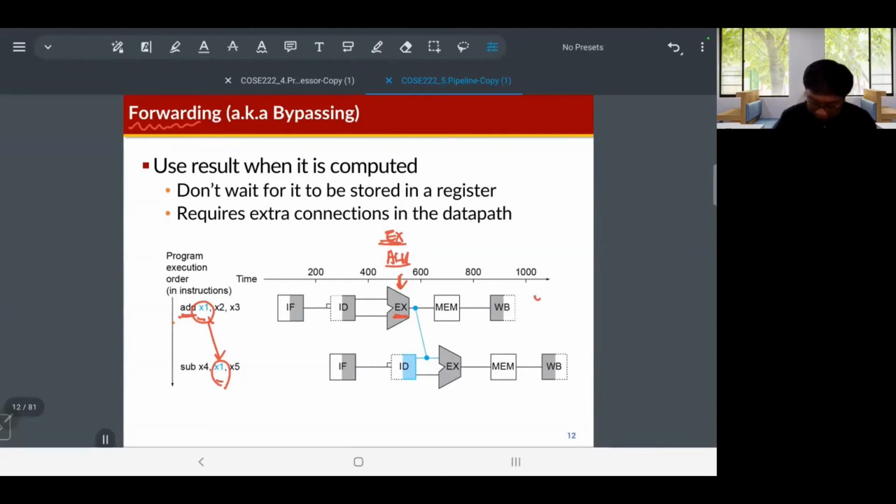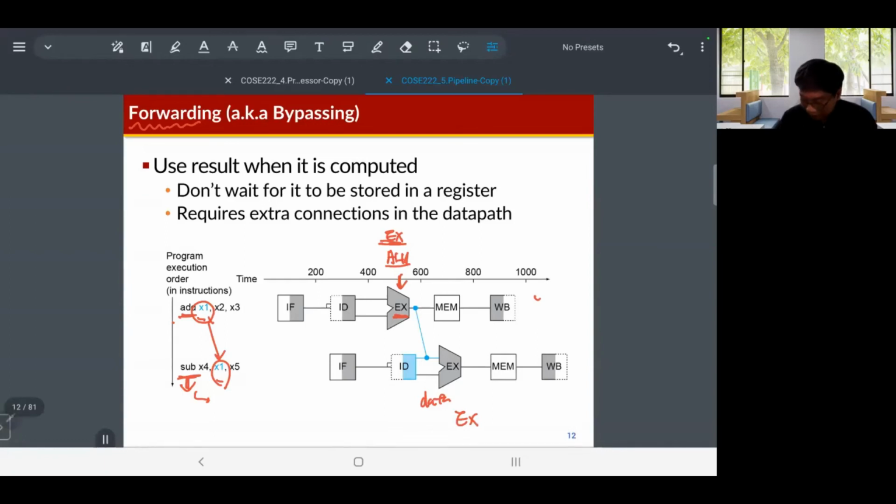And this sub instruction needs to read data from the register file, but the data should be ready before the EX stage because the data is processed by the ALU.